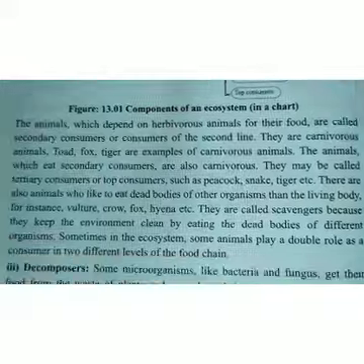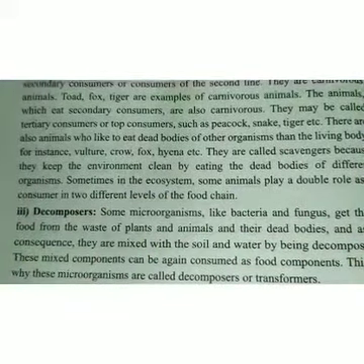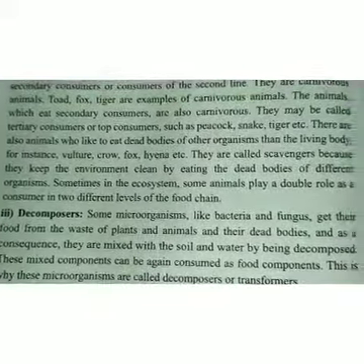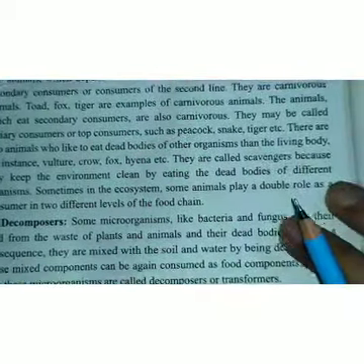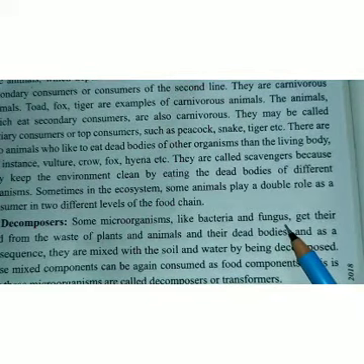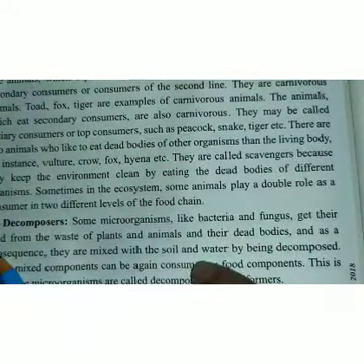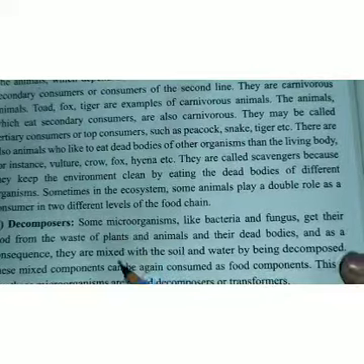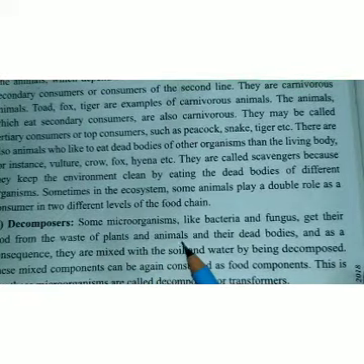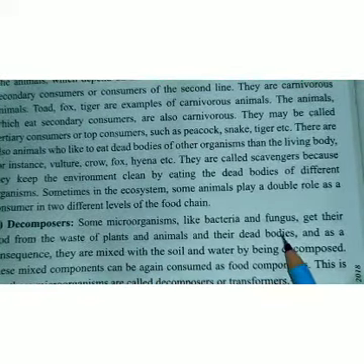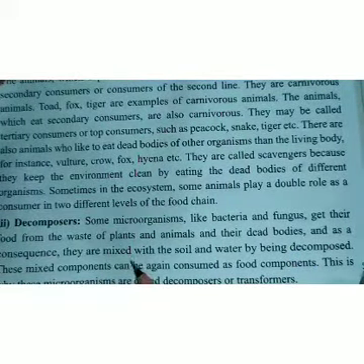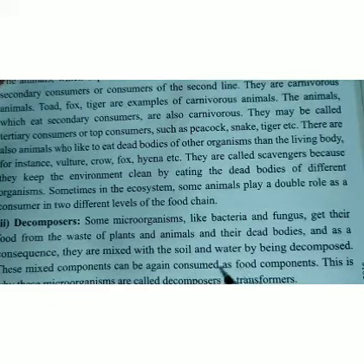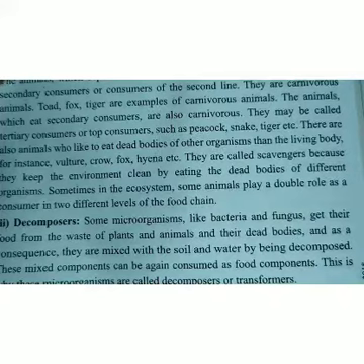Then the next term is decomposer. Some microorganisms like bacteria and fungus get their food from the waste of plants and animals and their dead bodies, and as a consequence they are mixed with the soil and water by being decomposed.